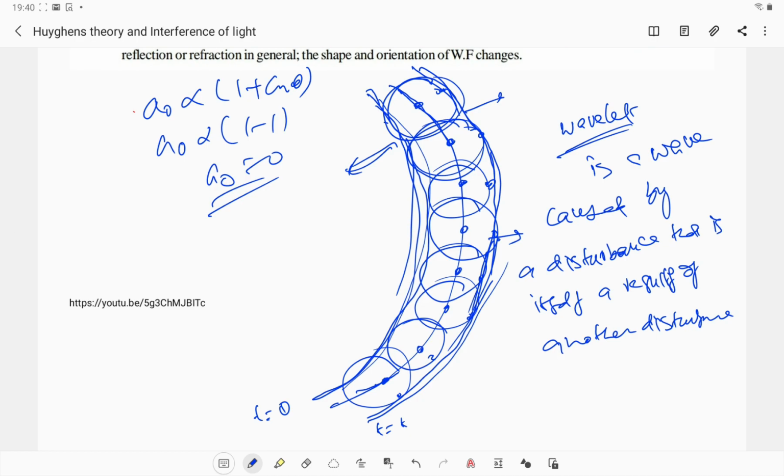Like that, the wave is propagating from one place to another according to Huygens theory. So this is Huygens theory, and it is very important regarding wavefront. So for a point source, what is the shape of the wavefront, for an extended source, and also if the source is at infinity. These are the important points regarding wavelet and Huygens principle.